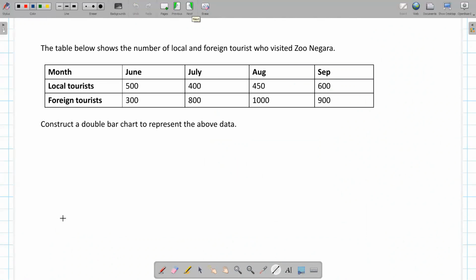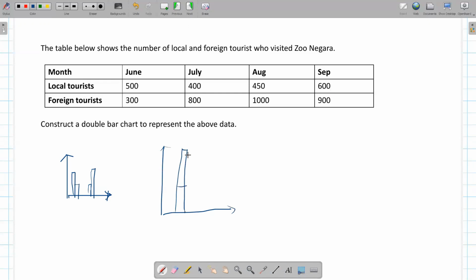Okay, so there are two ways to represent it, either in this form, where you have two bars next to each other. If let's say you have two sets of values, then we'll have two bars like this, and then the other set like this. The other way is one bar, but you have two portions like this.